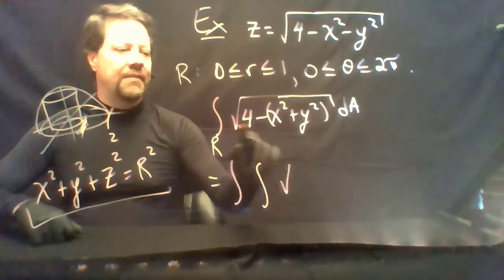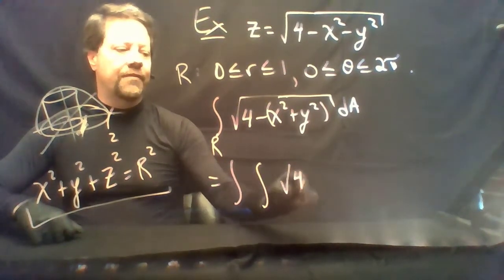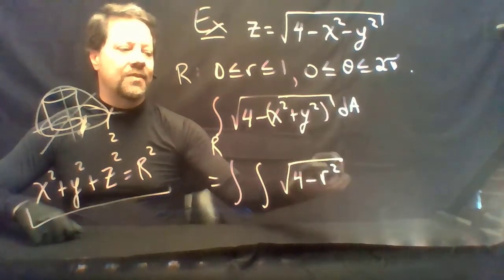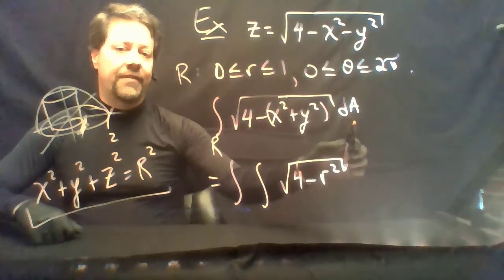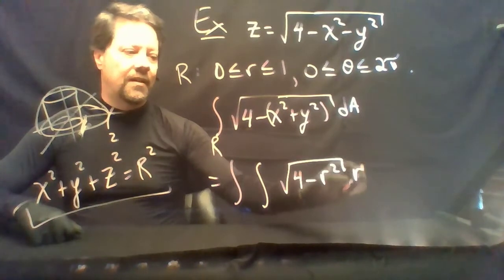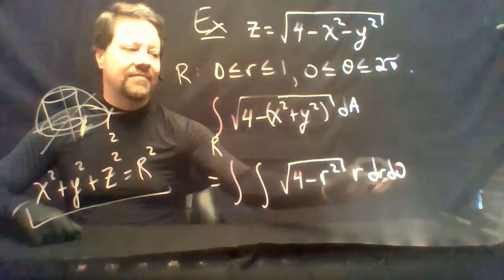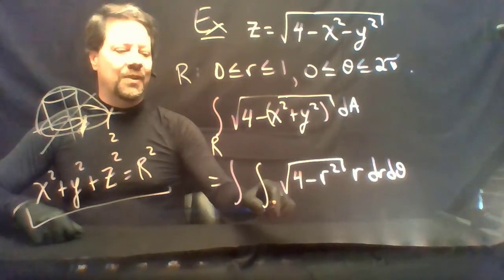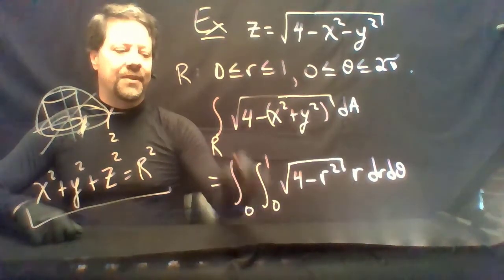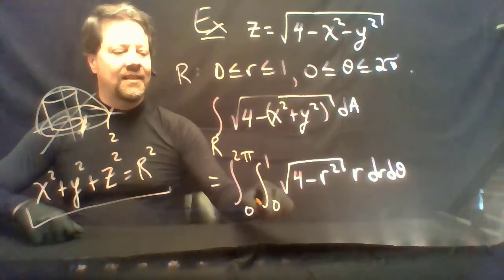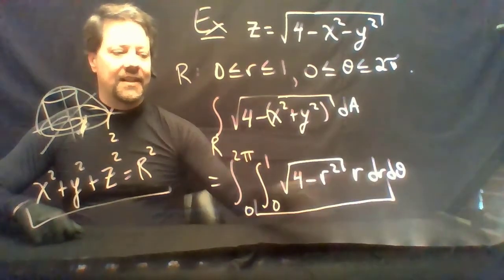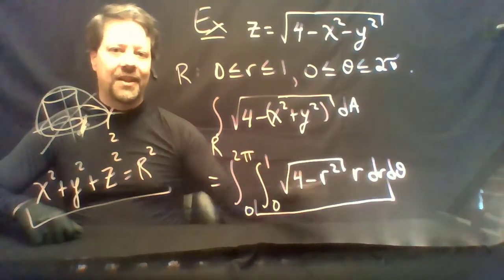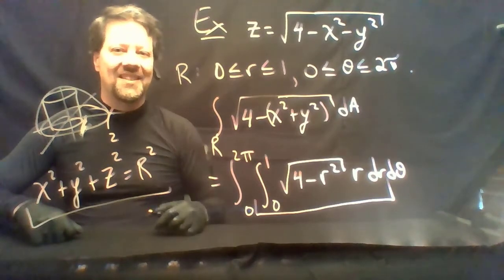The integrand may be transformed as the square root of 4 minus r squared. The element of area in polar coordinates is r dr d theta. Don't forget the r. R will go from 0 to 1 and theta from 0 to 2 pi. There are no thetas on the interior here, not even on the limits of integration, and so we get 2 pi for free.